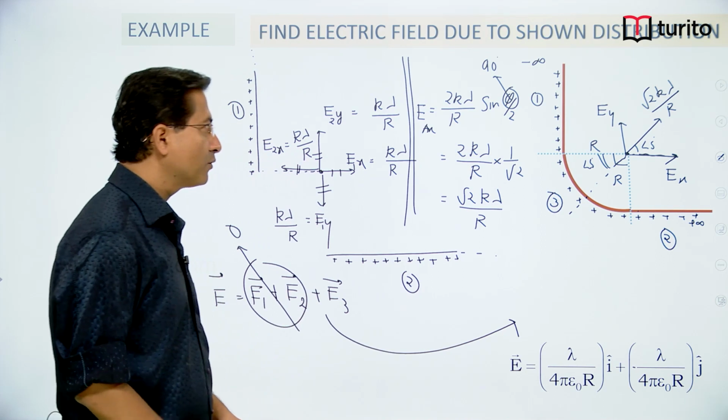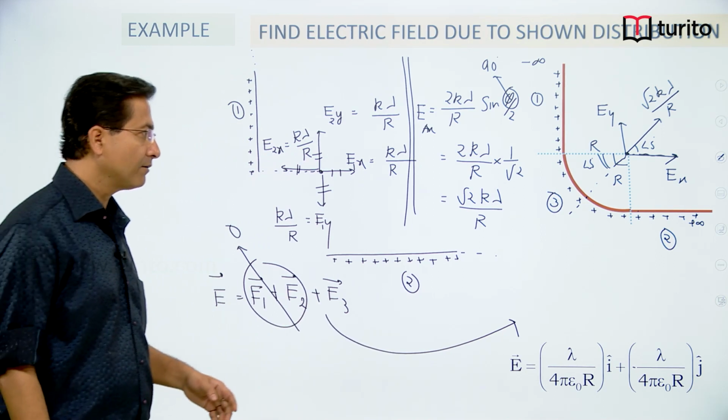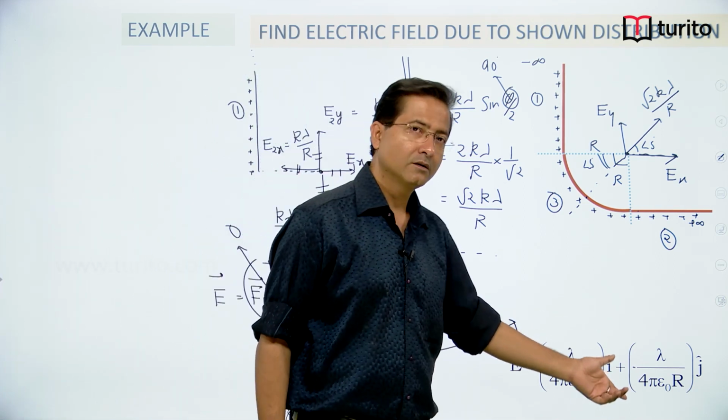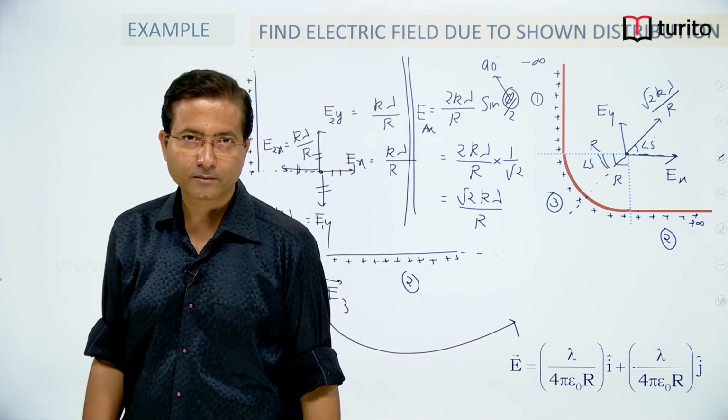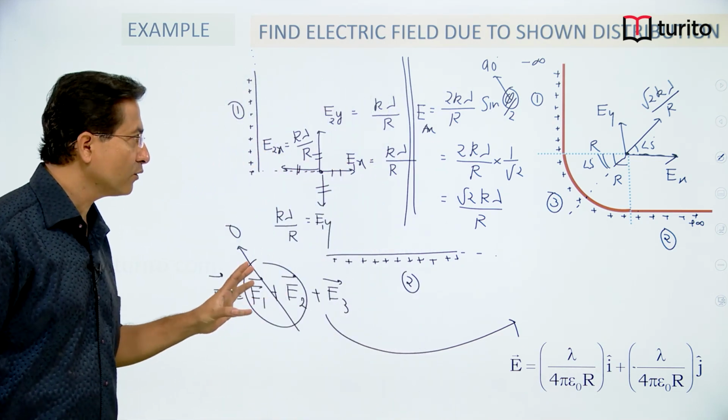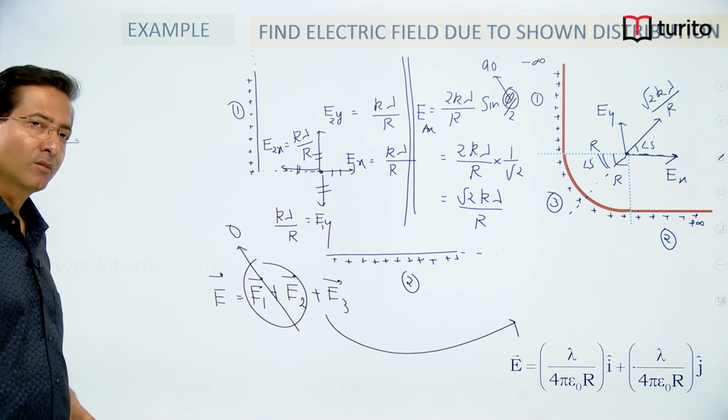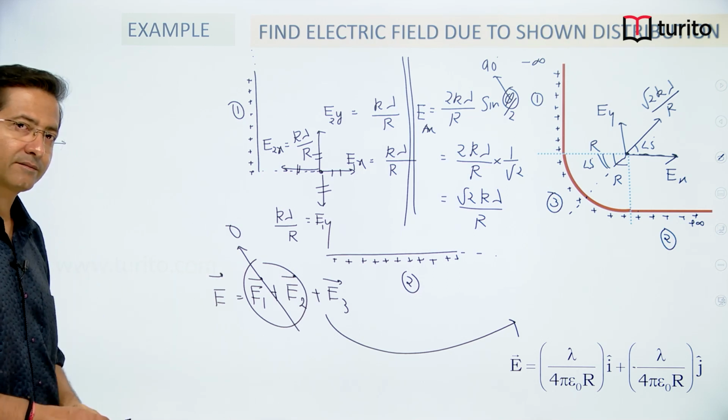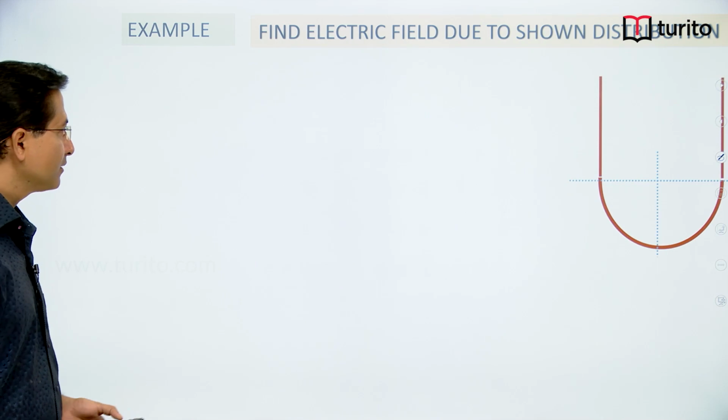So, in vector form, if I want to express the result, it will have an i component and a j component, right. So, application of what we have derived just now is clear. Let us move to the next example.